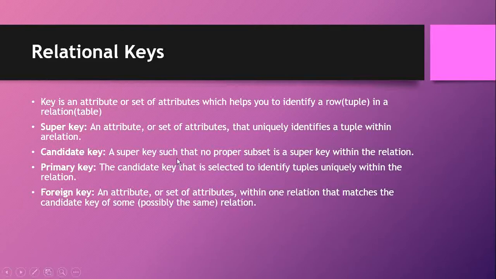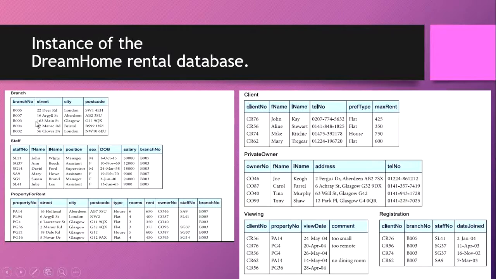For example, if we take this branch table, you can see that the branch number uniquely identifies the record because we have distinct values in our branch number field. Now here you can see that in city we have London twice.